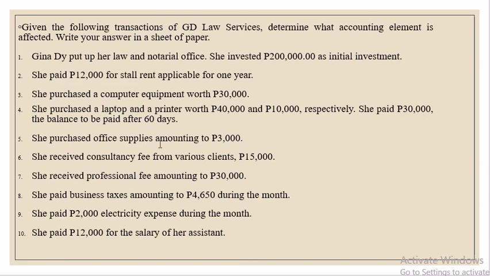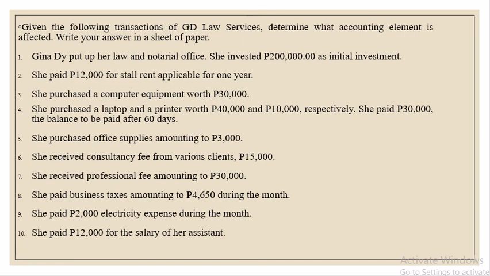So, ang balance niya ay 20,000. Okay, so, balik tayo sa she purchased a laptop and printer worth 40,000 and 10,000. Nagbayad siya ng 30,000. So, may balance siyang 20,000. So, yung 20,000 ay babayaran niya for 60 days.